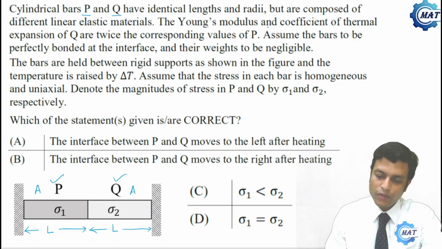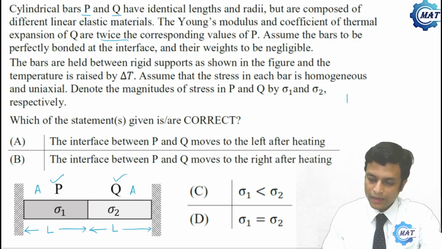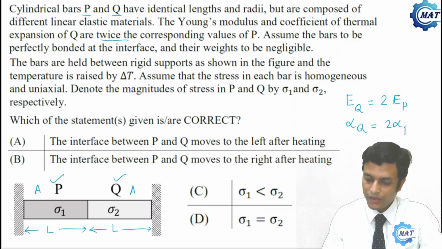The Young's modulus and coefficient of thermal expansion of Q are twice the corresponding values of P. That is, EQ is twice EP, Young's modulus, and alpha Q is twice alpha P.